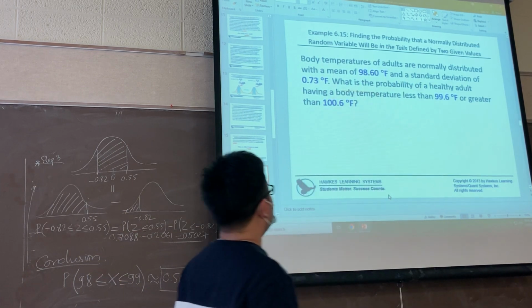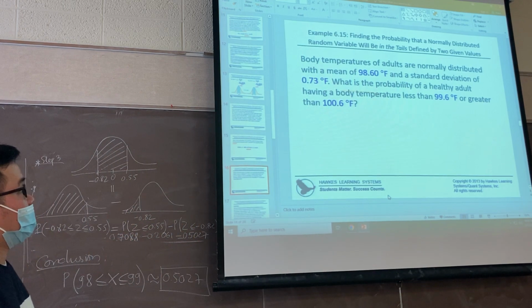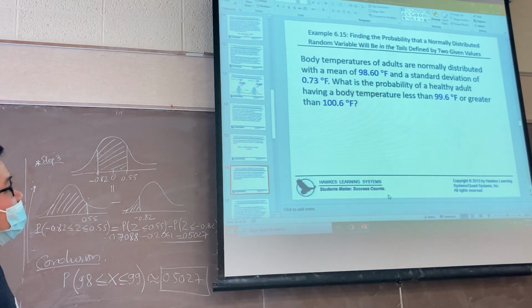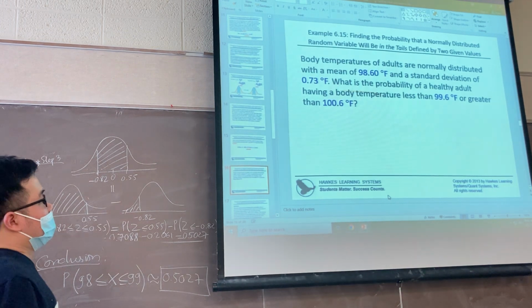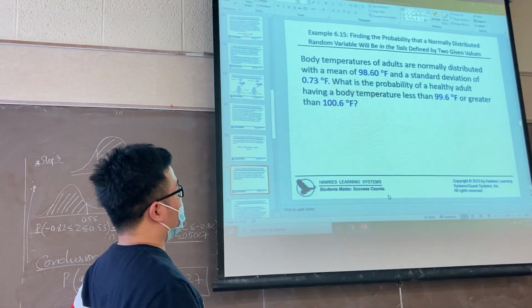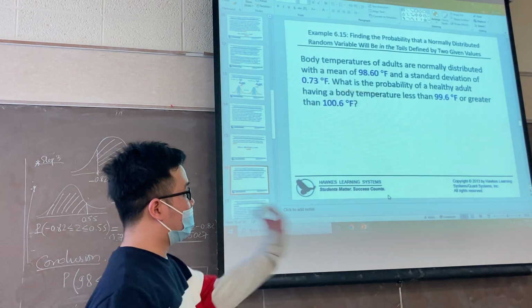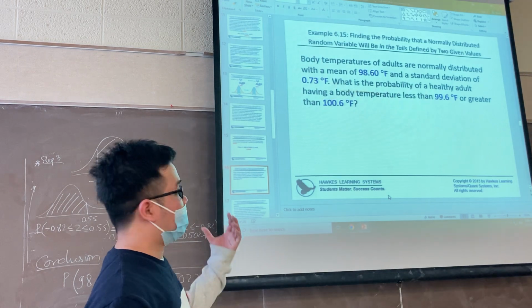One more. So now we have body temperatures that are normally distributed with a mean here and the standard deviation here. And the question here is, what is the probability of a healthy adult having a body temperature less than this number or greater than this number?